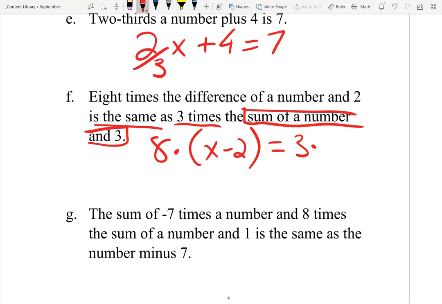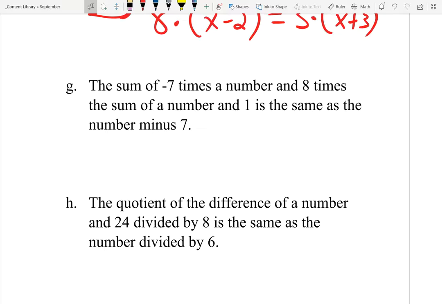We're going to do 3 times, but we have to figure out what a sum of a number and 3 is. So sum, again, means addition. So we're adding x and 3. So it's x plus 3. That's the sum of a number and 3. But don't forget, we're taking this group and timesing it by 3. So I have 3 times that group. So there is my equation.